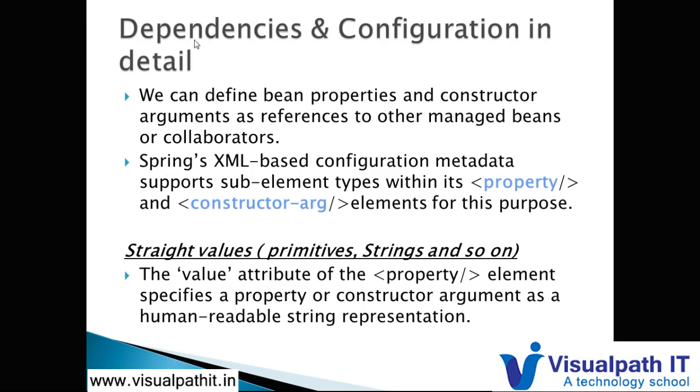So mainly under dependency and configuration, we will have mostly all the things done with the property and the constructor arg elements. The ways in which these dependencies and configurations are handled are: first, the straight values or primitives, strings and so on.